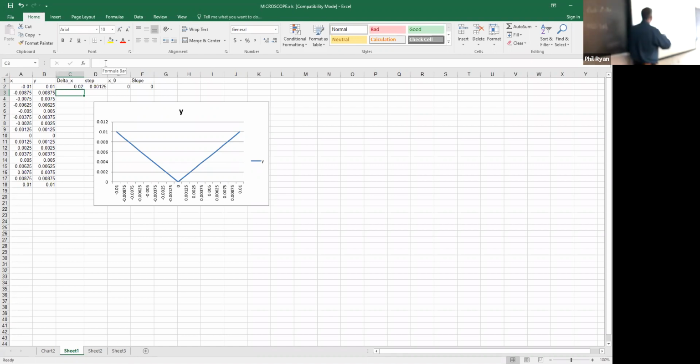Because what would happen if I used, instead of the interval from minus a to a, the interval from 0 to a? The earlier one was using 0 as the center point of the interval.